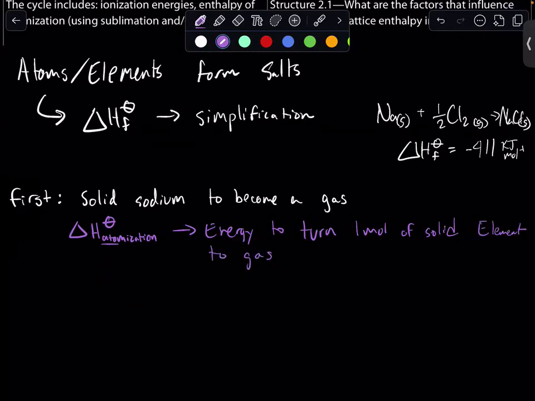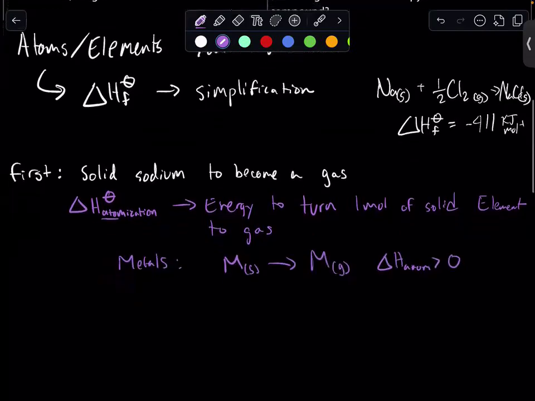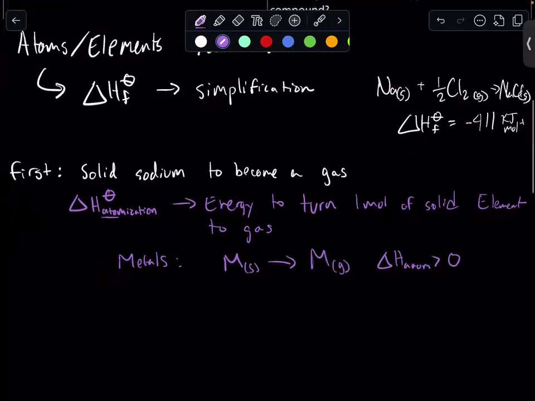This happens with metals and nonmetals, so we're going to look at both of them. Metals are represented by the equation metal solid turns into metal gas. And the energy required to do this is always positive. It's always going to be greater than zero because we have to put energy in to break those bonds. Remember, breaking bonds is endothermic.